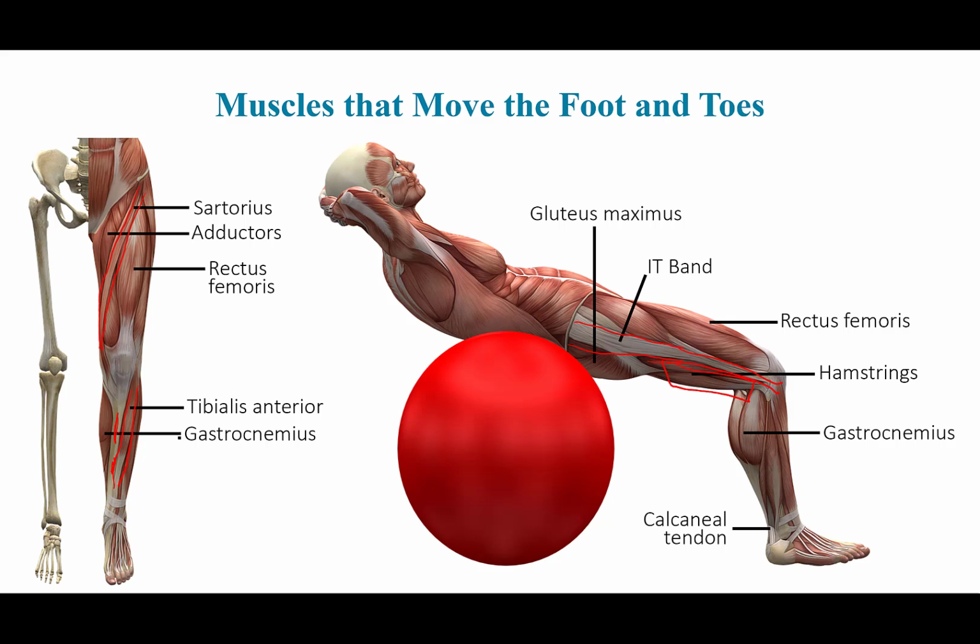If you look on the posterior aspect of the leg, you're going to see the gastrocnemius. So basically your calf muscle, if you touch your calf, you're going to feel the gastrocnemius. The gastrocnemius attaches to the calcaneus bone via the calcaneal tendon. Right under the gastrocnemius, you're going to have what we consider as the soleus.